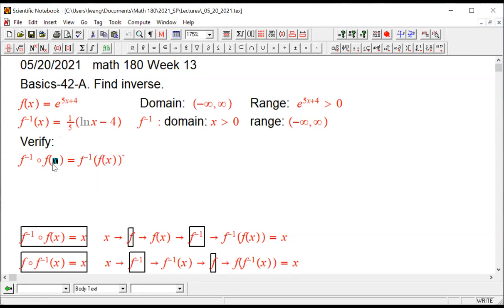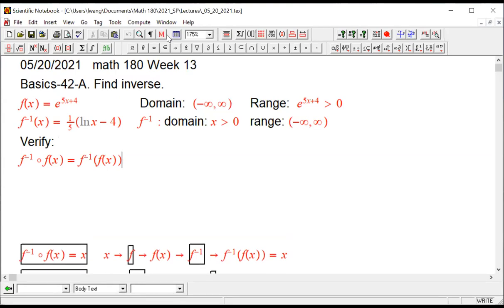This x here, because it's so close to f, is from the domain of f. What is the domain of f? All real numbers. We must be aware of where it is from.